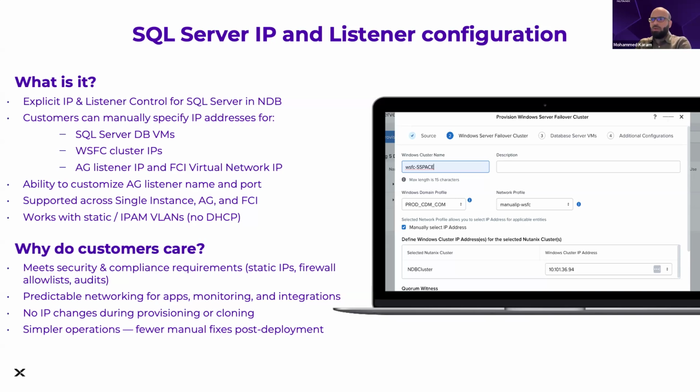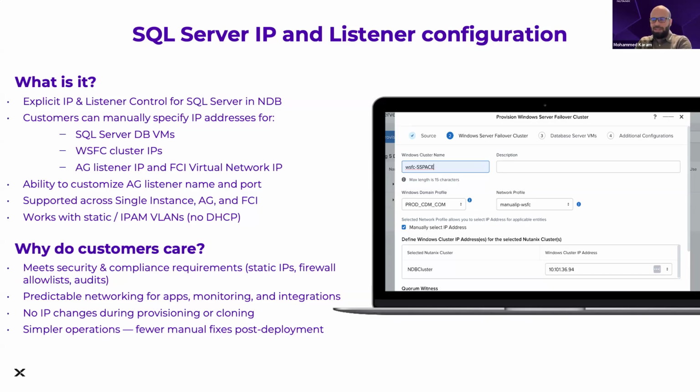So what you can do now is you can go ahead and tell NDB manually which specific IPs you want for the database server VMs, for the WSFC cluster IPs, as well as for the listener IPs and for AGs and the FCI virtual network IP. Not only that, but you can also specify custom AG listener names and ports. This is supported across the gamut of configurations for SQL Server, for single instance, for availability groups and FCIs.